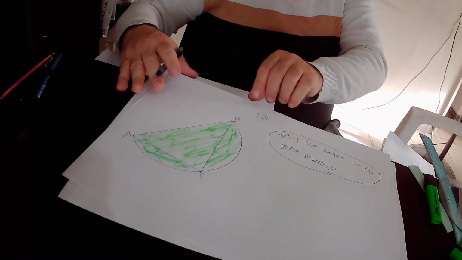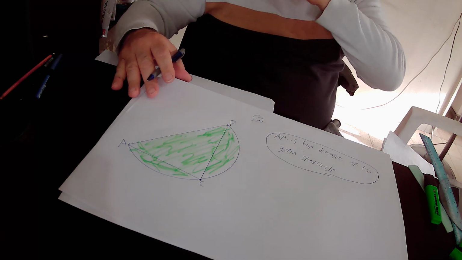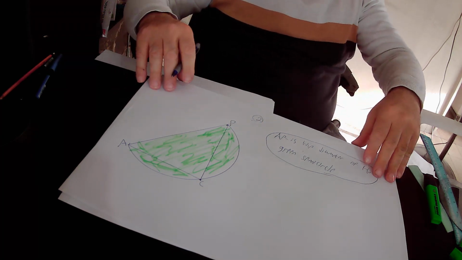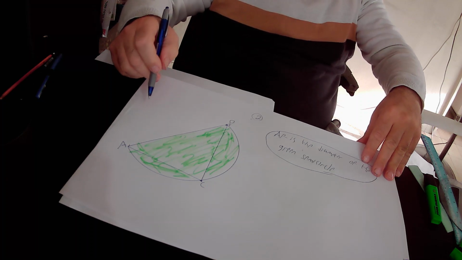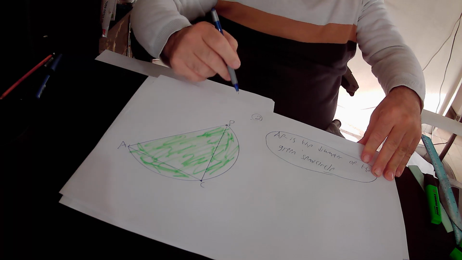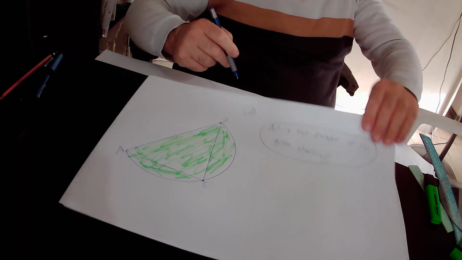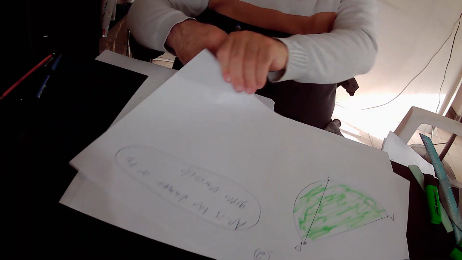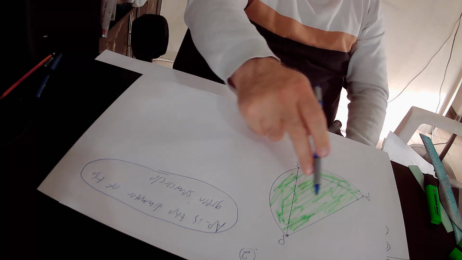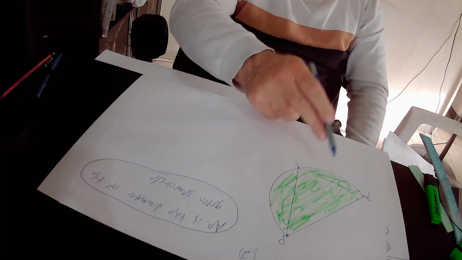Actually, by joining points P and C together by a straight line, we can deduce peripheral angle ACP. This is peripheral angle ACP, and this peripheral angle ACP is subtended on AP, that is the diameter of this green semicircle.